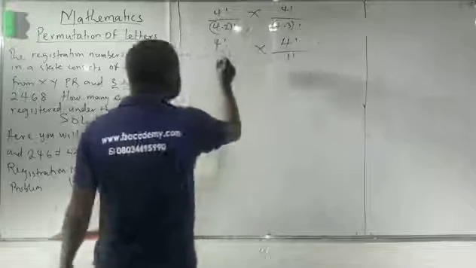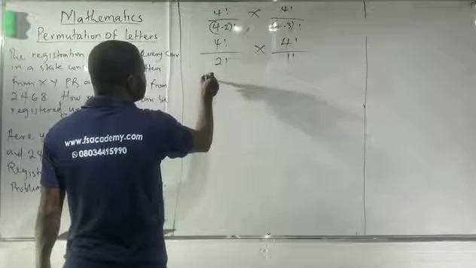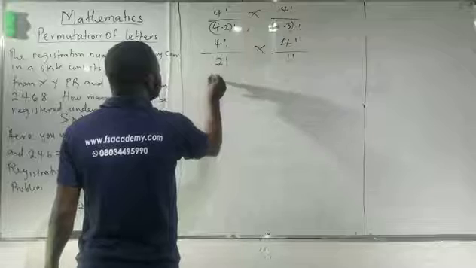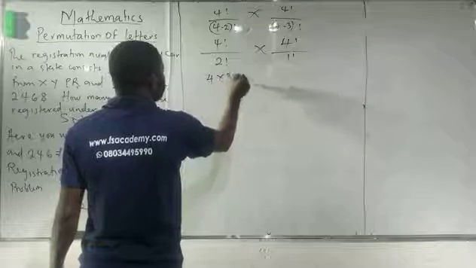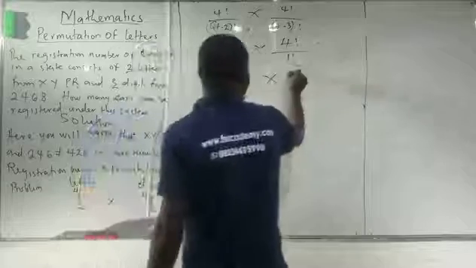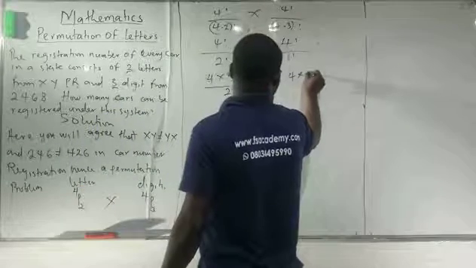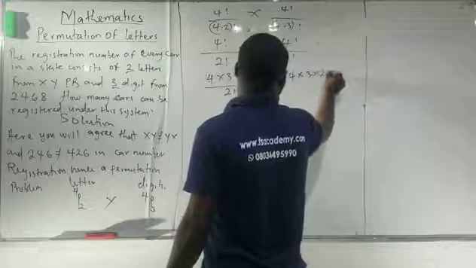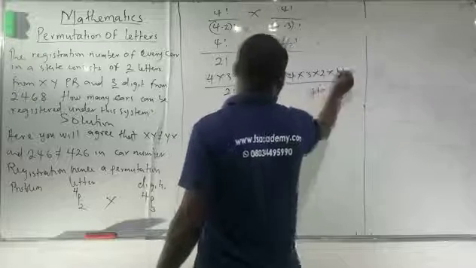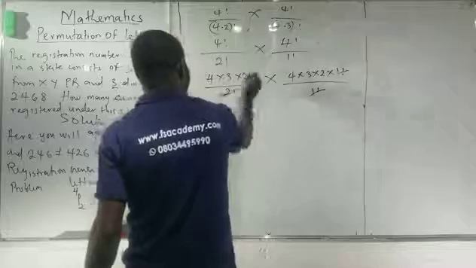Now, at this junction, I'll be having 4 multiplied by 3 multiplied by 2 factorial divided by 2 factorial, multiplied by 4 multiplied by 3 multiplied by 2 multiplied by 1 factorial divided by 1 factorial. This will cancel this. Now, this will cancel this.